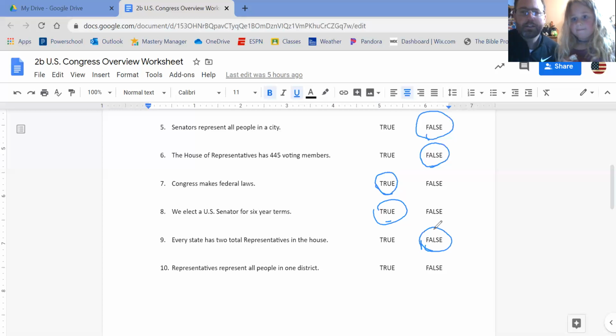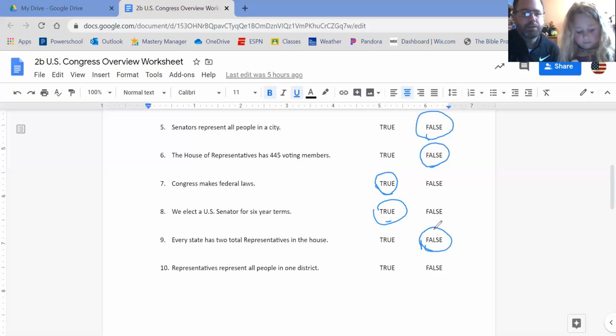That question can be read 2 different ways. You could say false because it's 2 representatives in the Senate, or we could say the total representatives in the House is based on population. Two different ways you could have reworded that statement to be true.